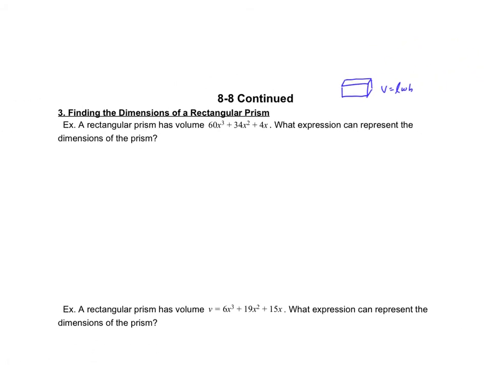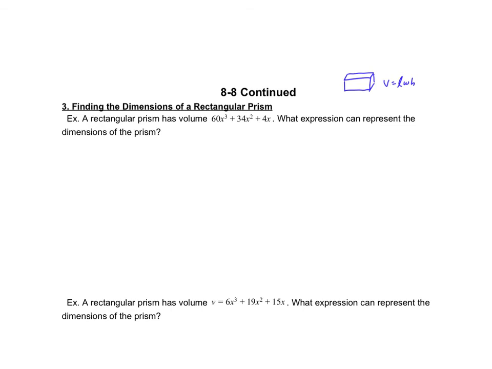So a rectangular prism has a volume of 60x cubed plus 34x squared plus 4x. And what expression can be represented in these dimensions? Well, what expression can represent these dimensions of the prism?